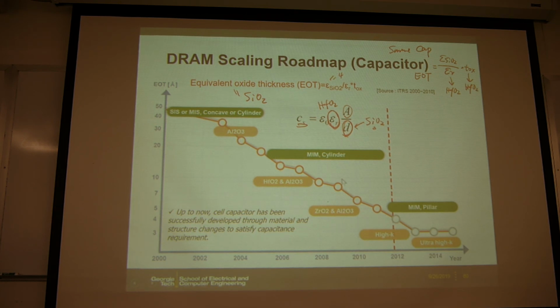We will talk about that later. But today, the EOT is below 1 nanometer. Equivalently, this is like 10 angstrom. This is like 1 nanometer thick. But of course, physically it's not less than 1 nanometer because you are using high K material. The thickness may be a few nanometers. So, any questions here?